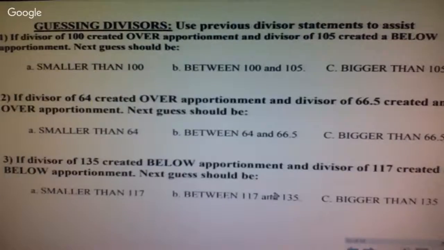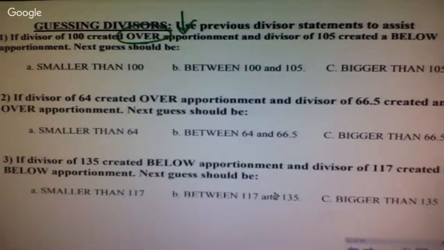All right, so let's look at these three and then we're going to jump straight into Jefferson. If a divisor of 100 creates an over apportionment, that means I need my number to go down. If I am over, my number needs to go down, which means my standard divisor needs to go up.